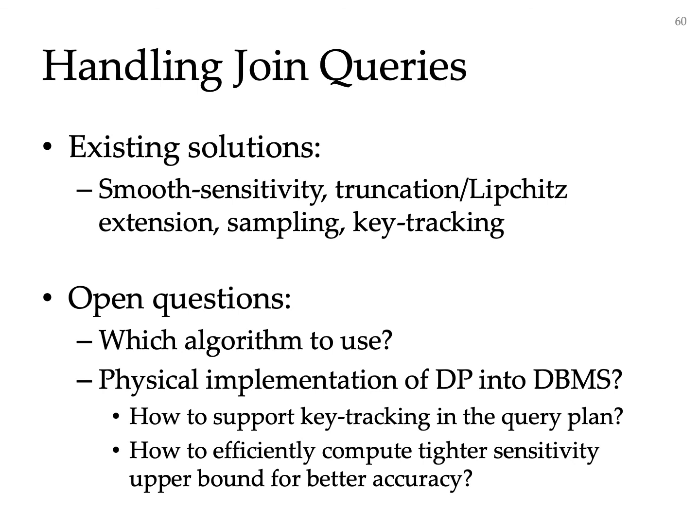For instance, which algorithms to use, and under what circumstances is one algorithm better than the other? Also, how to physically implement differential privacy into a DBMS is another interesting problem. Some subproblems for this topic include how to support key tracking in the query plan, and how to efficiently compute a tighter sensitivity upper bound for better accuracy.